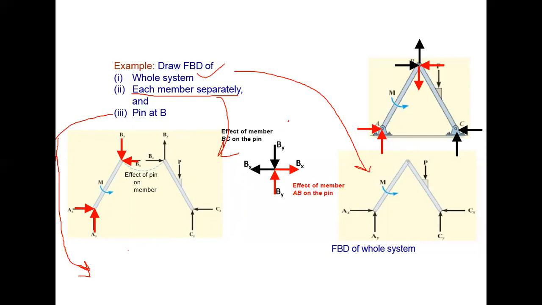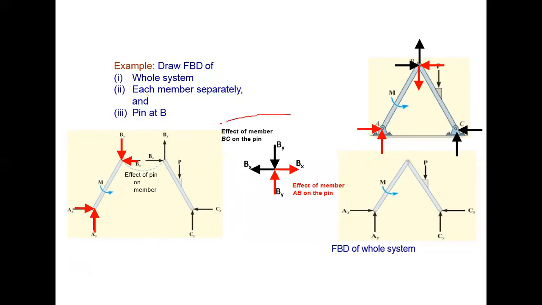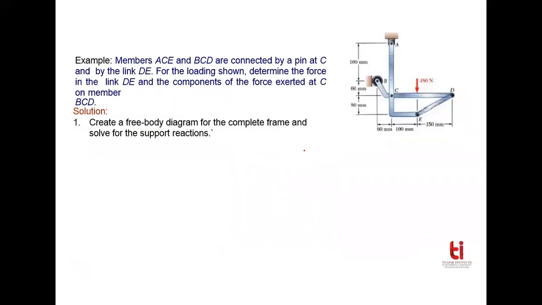This is the FBD of point B. You will get some horizontal and vertical reactions because of link BC and horizontal and vertical reactions because of link AB. So BX, BY and BX, BY. Okay, done. Now let's solve another example.